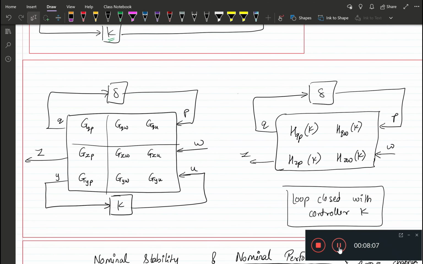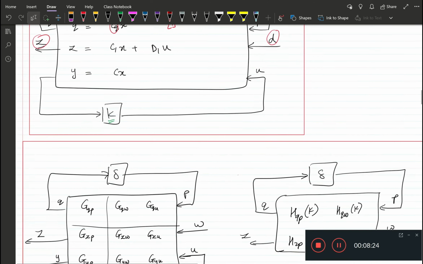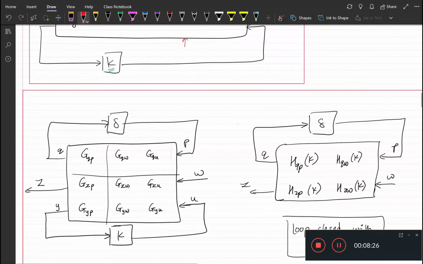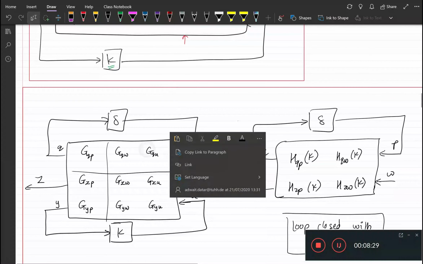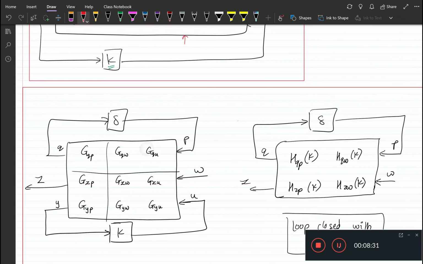In order to do that, let's look at this block diagram, which represents transfer function blocks. This block, which is the same as this block here, has inputs P, W and U, and has outputs Q, Z and Y. Q is going via the delta block, entering as P. W is the disturbance channel, and we have U as the control input and Y as the measurement.